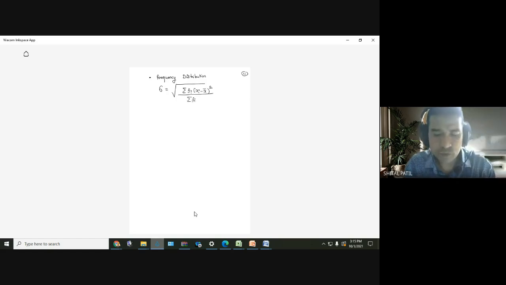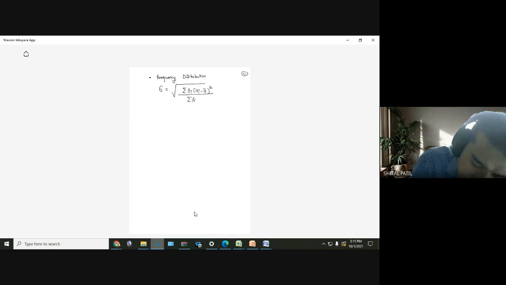Everything is inside the square root. After simplification, now I'm not writing all the steps. Please do it yourself. Summation of fi xi square, only x square, divided by summation of fi minus x bar square.